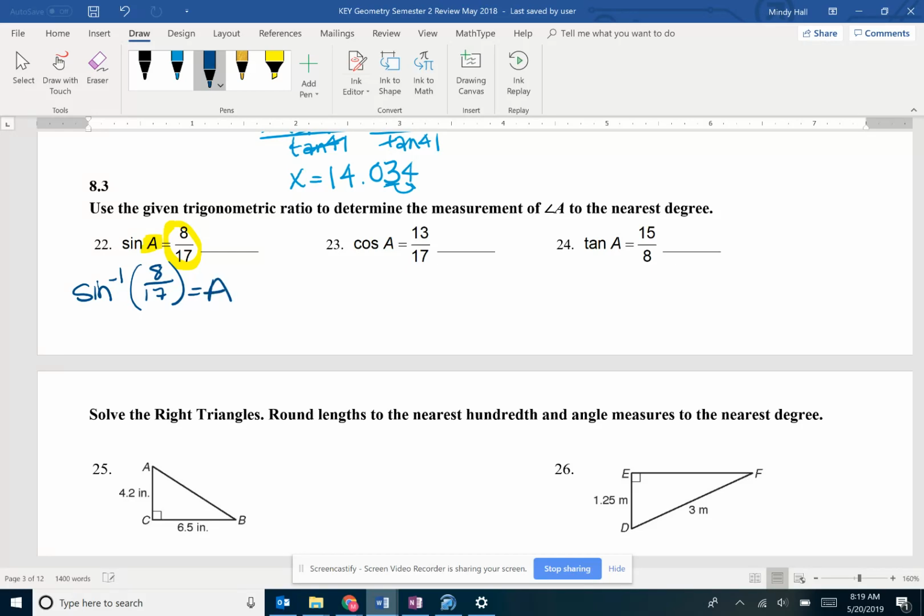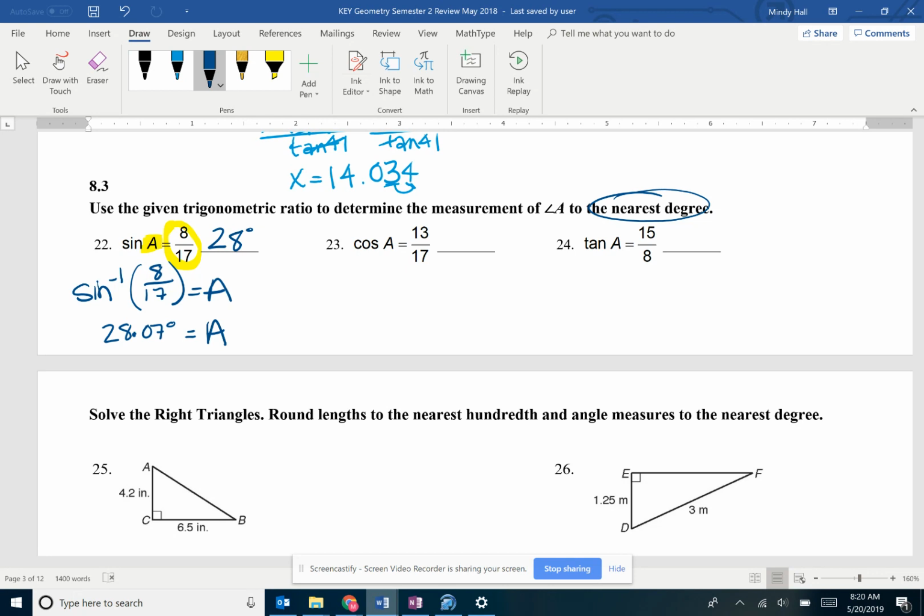And if you recall, inverse trig is always used to find your degree measurements. So inverse sine of 8 over 17 gives us 28.07. And so because we're going nearest degree, it's just going to be 28 degrees.